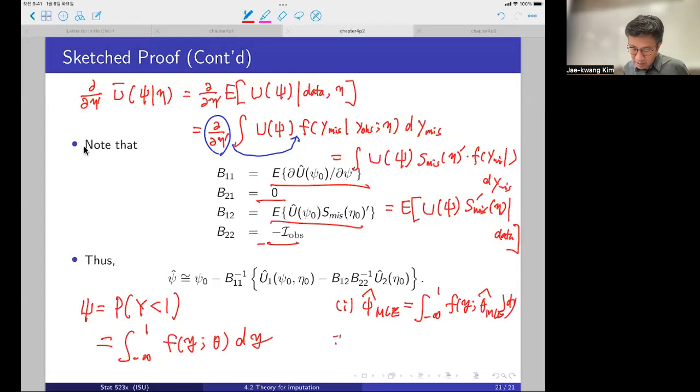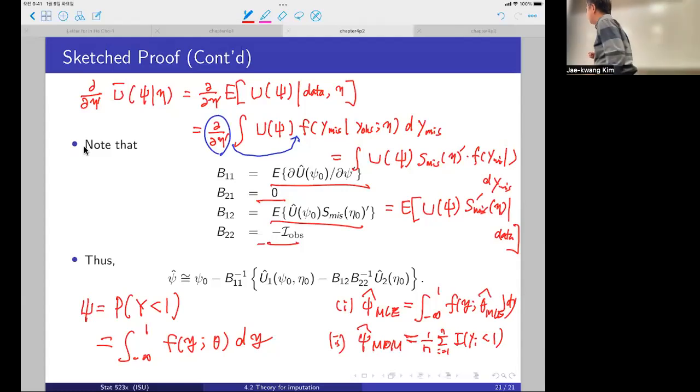The other one is to solve for the method of moment estimator. The method of moment estimator is just the sample mean of the indicator for this event.